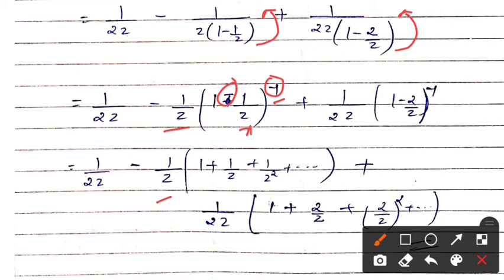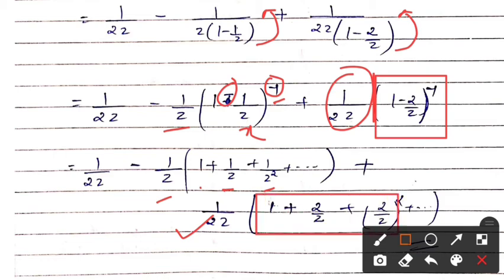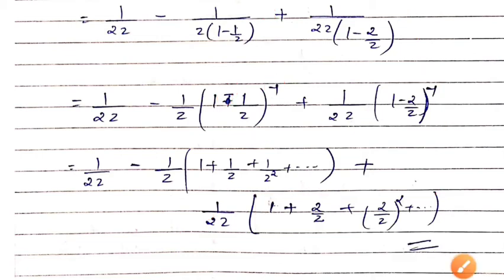If I consider this as x, then I get 1 plus 1 upon z plus 1 upon z whole square plus so on. In the same way, this 1 upon 2z will remain as it is, and this term can be written as 1 plus 2 upon z plus 2 upon z whole square and so on.